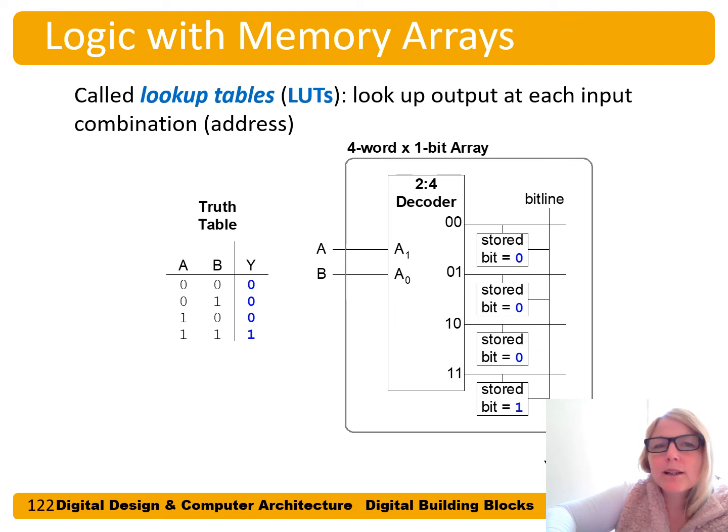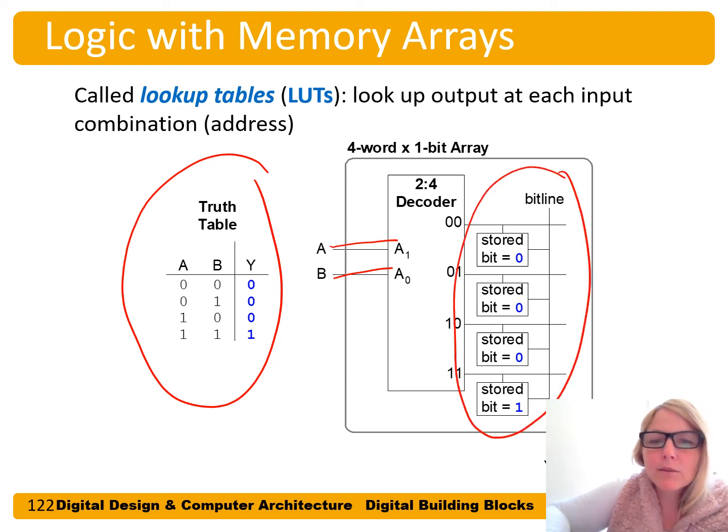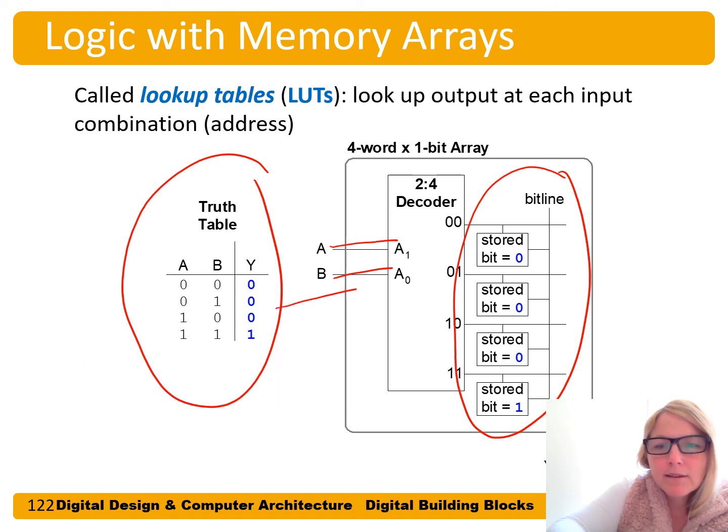These memory arrays that we use to perform logic have a special name called lookup tables. So we can look up the output for each input. So it's basically a truth table in our memory. In this case, we're doing the AND operation. We connect our input variables A and B to the address inputs, and then our memory acts as a lookup table for our truth table.